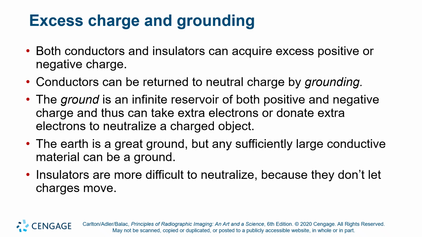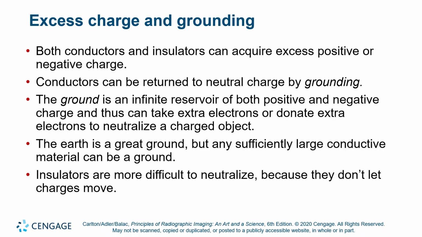Okay? Conductors can be returned to neutral charge by grounding, right? So the ground is an infinite reservoir of both positive and negative charge. Therefore, if there's extra electrons on a conductor, the conductor can donate those extra electrons to the ground.